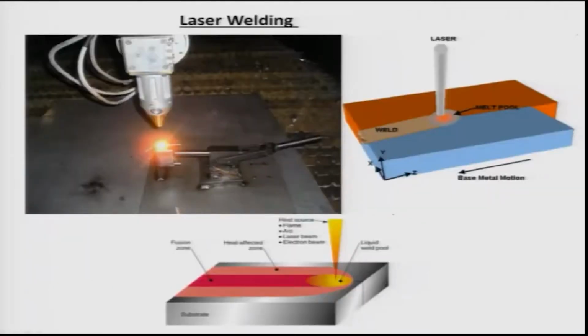One can use a laser also, instead of an arc or a gas welding torch. Laser is a clean source of heat, so it can be focused on a certain spot, unlike the other two cases. Here it shows how things happen. You have two pieces of metal, and as the laser falls in between the two pieces, it melts both pieces.